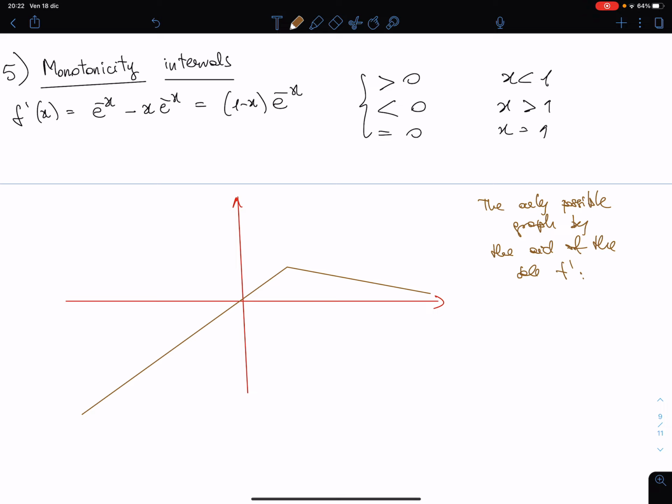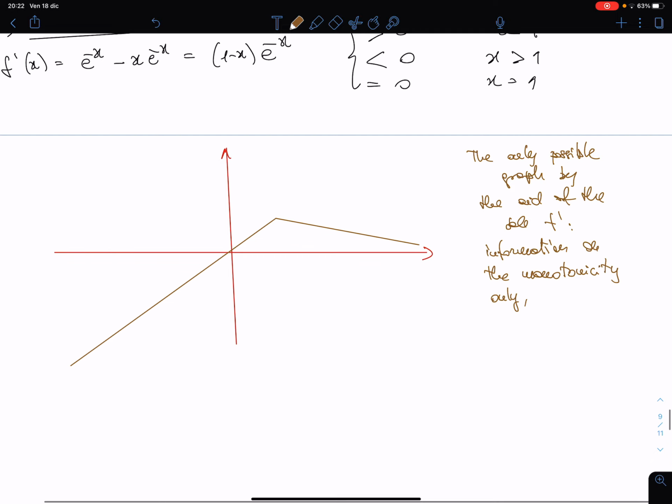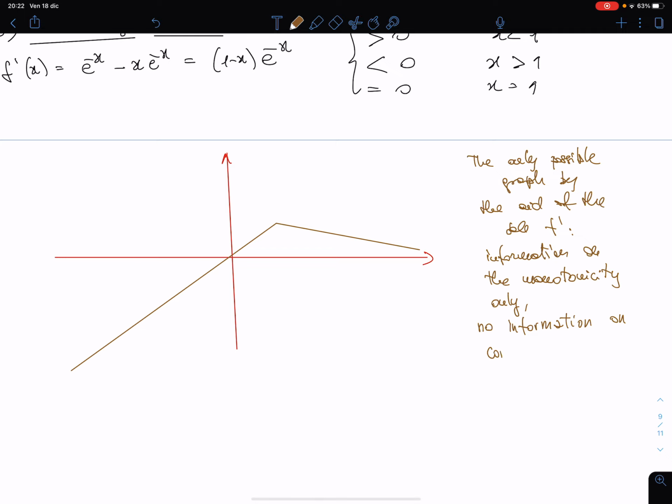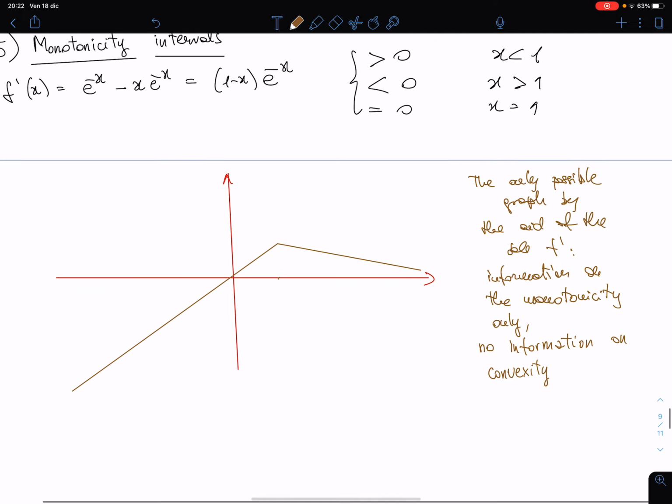So this means information on the monotonicity only, and no information on convexity. Of course, there is some more information, because at 1 we have differentiability, so here it is smooth.